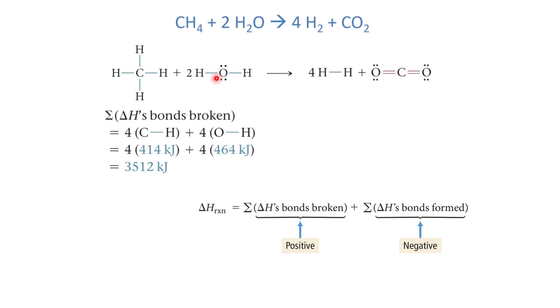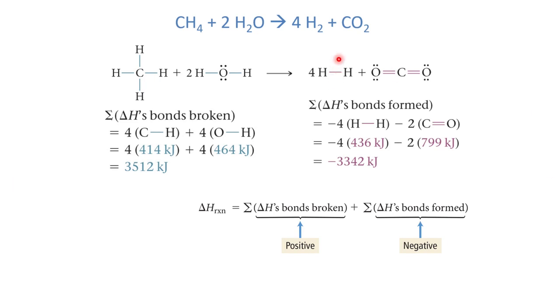Then we also have to break 4 O-H bonds, because there's 1, 2 in each water, and there are 2 of them, so 3, 4. If that is 464 kilojoules each, we add all that together, and it's 3,512 kilojoules that we have to put into the system to break all these bonds apart. So how much energy do we get back?